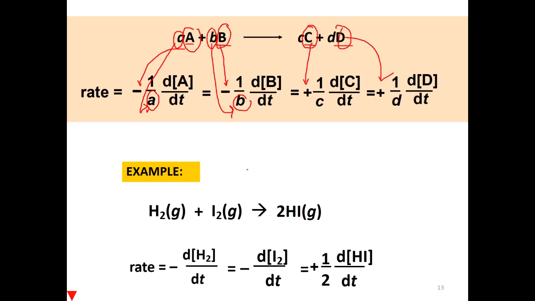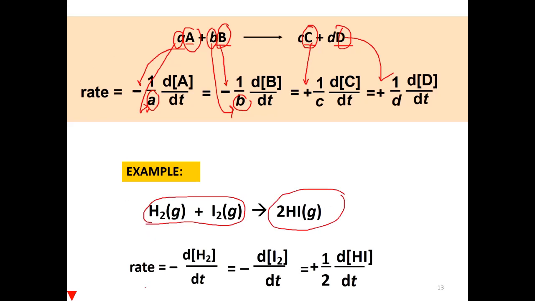For example, we have hydrogen gas plus iodine gas to produce 2 moles of HI. This side is your reactant and this is your product.